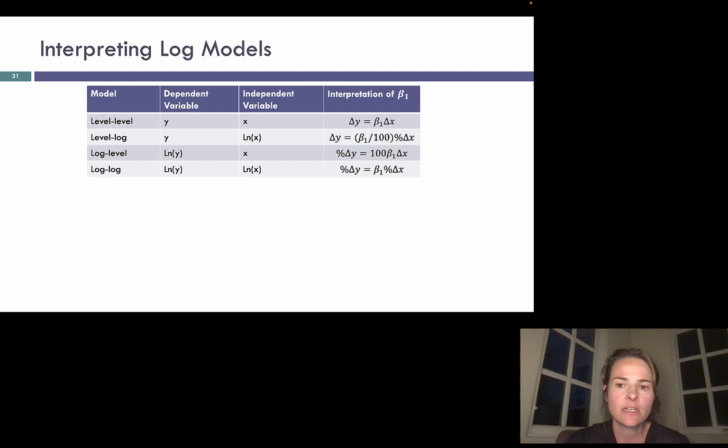Level models are the ones you've seen before. A change in y is equal to beta 1 times a change in x. If you have a level log model, you're looking at a beta 1 change divided by 100 for a 1% change in x, which is equal to the change in y.